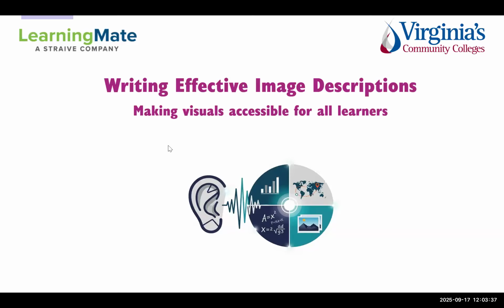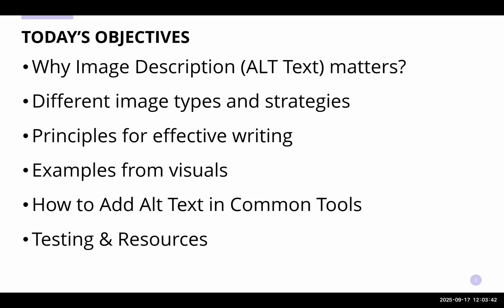Slide 2, please. Before we get too deep into things, let's take a quick look at what we are going to cover today. Here are our 6 main objectives of the session.